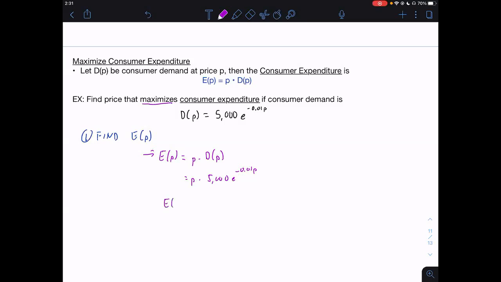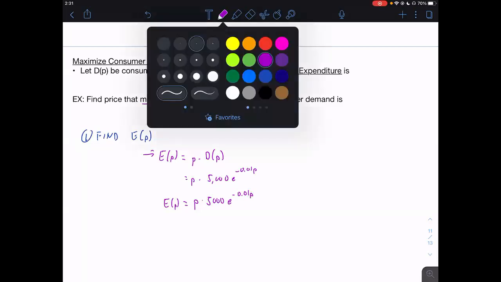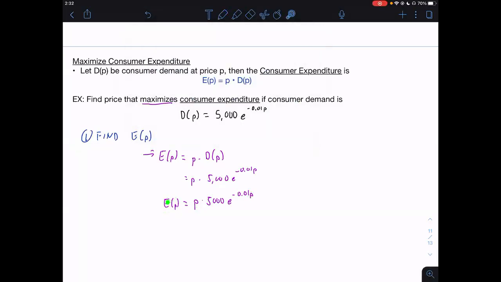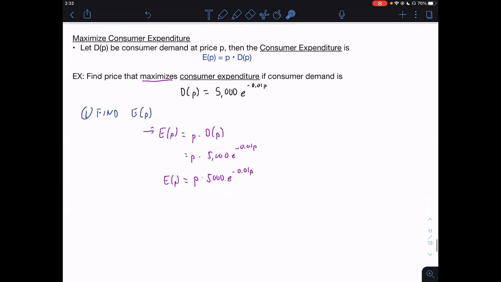So our expenditure function E of P is going to equal P times 5,000 e to the negative 0.01 P. Okay, so this is the function that we want to maximize. This is the E of P, the expenditure function that we wish to maximize.